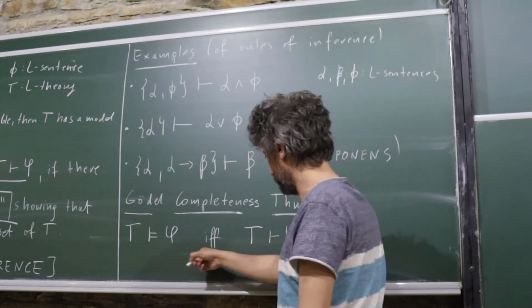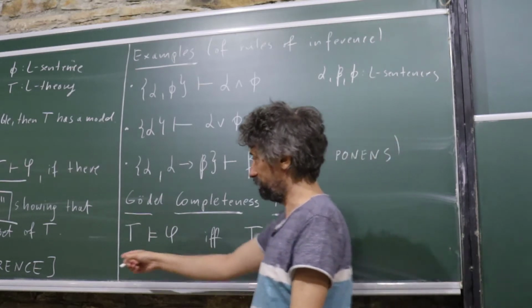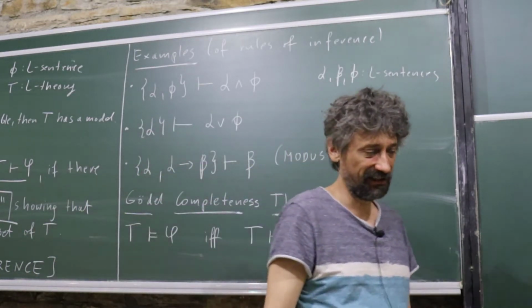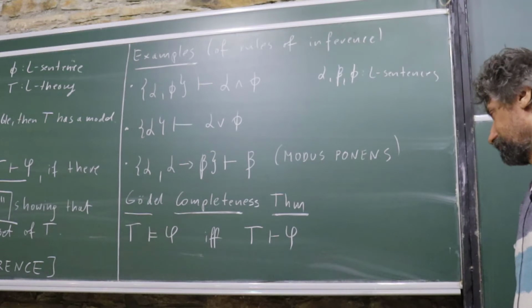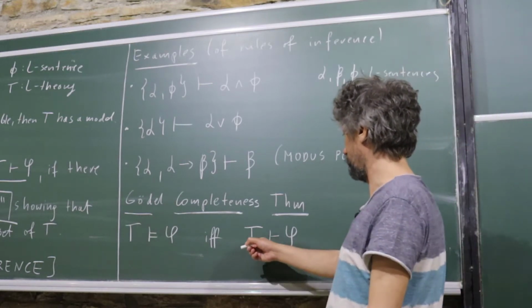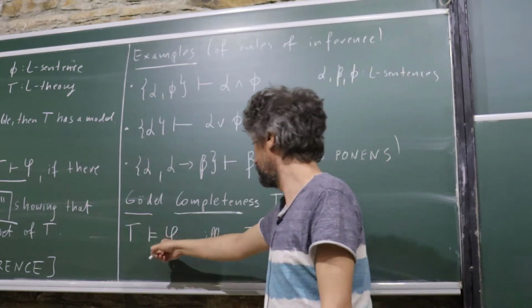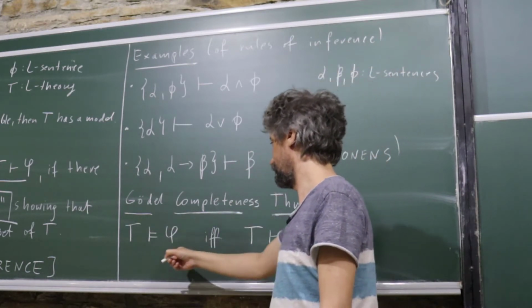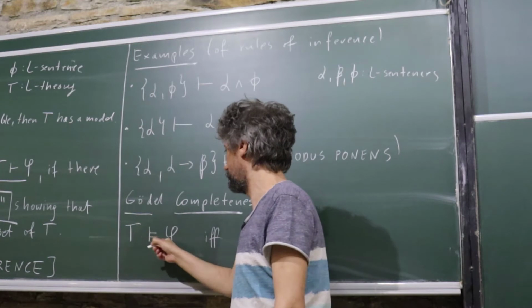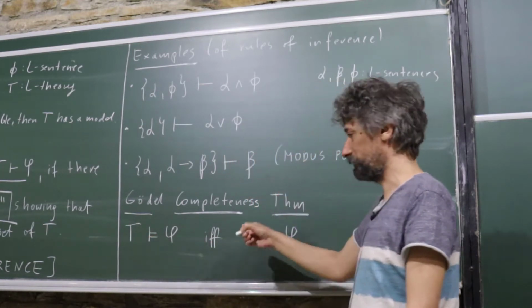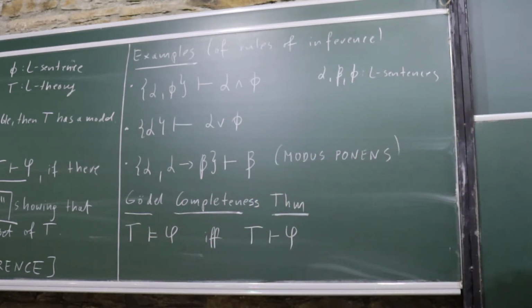This direction would be obvious if these inference rules are logically obvious. Then in every model where T holds, also phi must hold, because it's implied by these rules. But the other way, that if this can be checked on models, then also there is this purely logical argument.